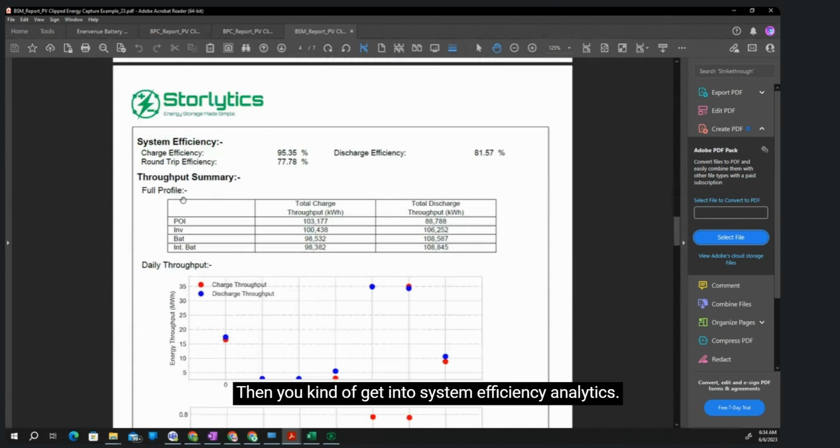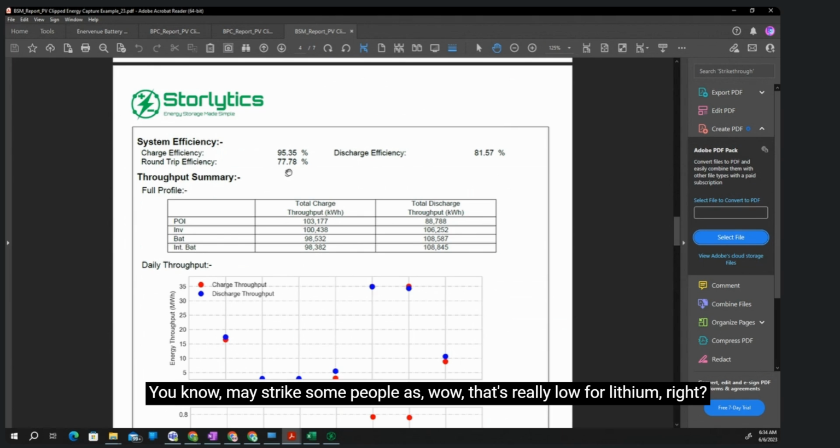Then you get into system efficiency analytics. Overall, what was your round trip efficiency for this system? Here you're at 77.8% round trip efficiency, which may strike some people as, wow, that's really low for lithium, right?